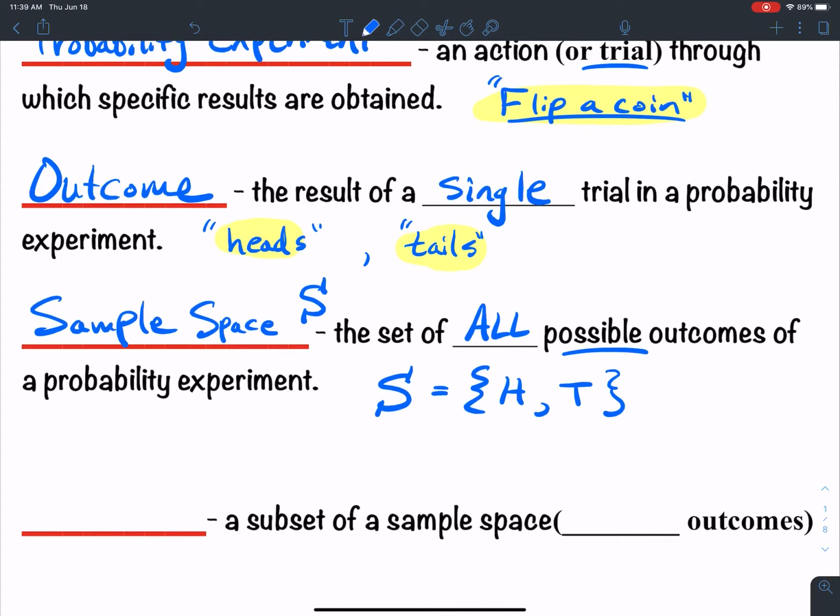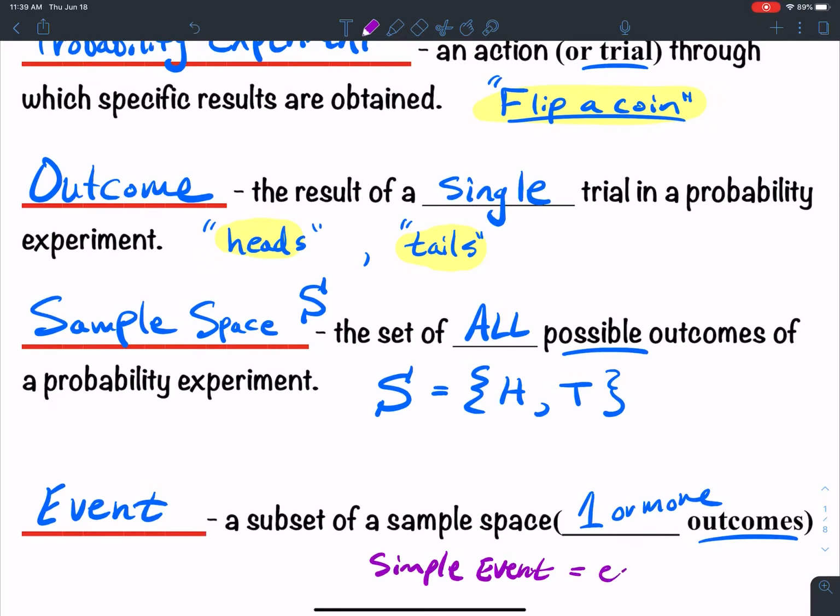Now, this last definition here, this is an event. An event is a subset of a sample space, okay? This is one or more outcomes. Now, there's a special type of event called a simple event. And this is when there is exactly one outcome.